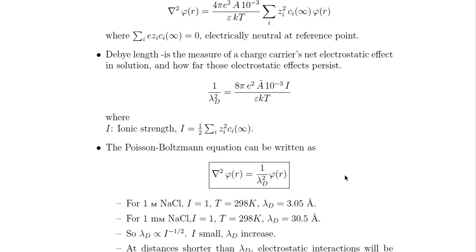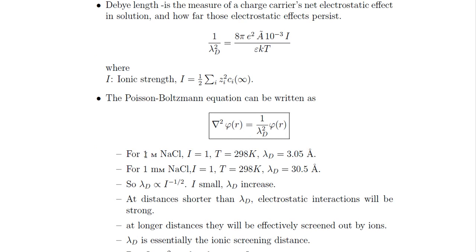Okay, the example for 1 molar NaCl, I equals 1, T at 298 Kelvin: the Debye length lambda D is 3.05 Angstrom. And for 1 millimolar NaCl, at 298 K, lambda D equals 30.5 Angstrom.